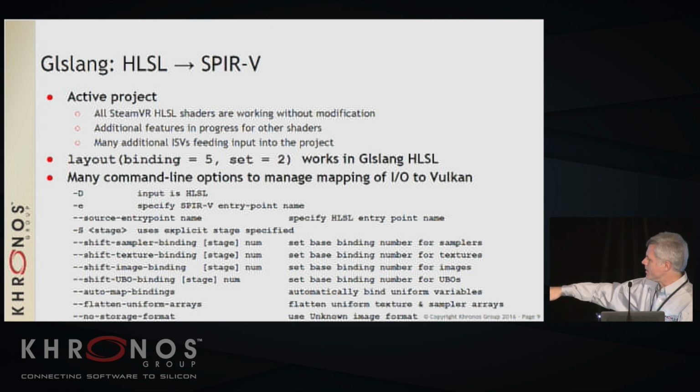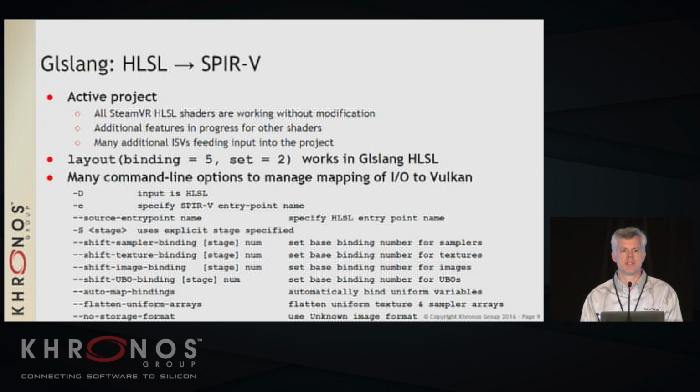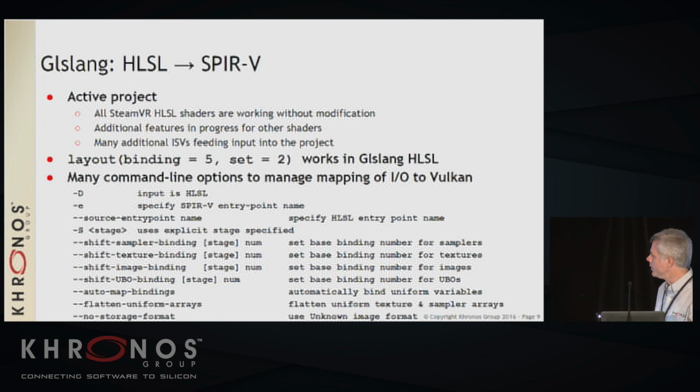And then the options above that let you shift number ranges for samplers, textures, and images in order to control from outside the shader how the resources map to the binding numbers. You can also control entry point names. It can be convenient to specify an alternate entry point name for the API in the shaders versus the actual entry point that was in the shader. So the command line lets you do these types of external manipulations.